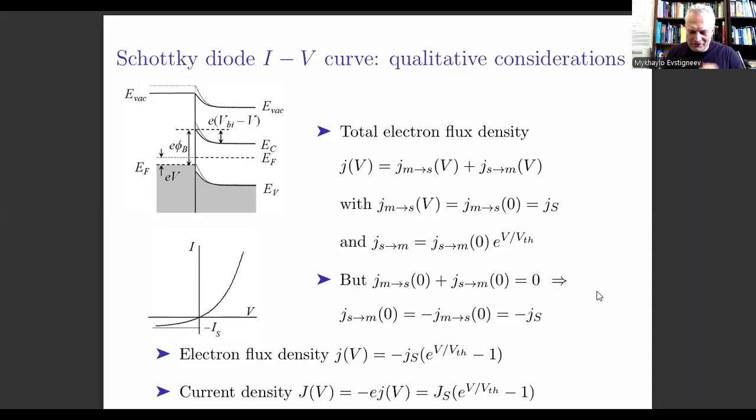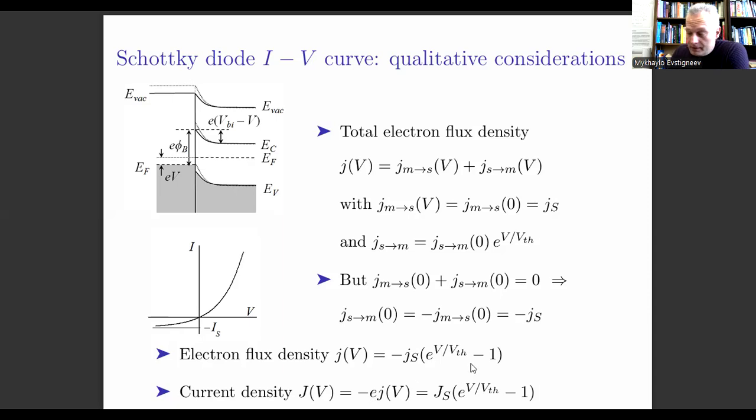No, sorry, everything is correct. So at zero voltage, J semiconductor to metal is negative J metal to semiconductor, and it has the value negative J sub S. Everything is correct on this slide, including the signs.